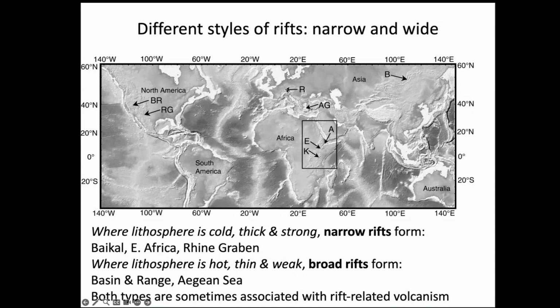The Rhine, we could call it the Central European rift system that goes through here. The Rhine River flows down. Where the lithosphere is hot, weak, and thin, you have broad rifts. And good examples of those are the Basin and Range. That's a very wide rift. And another one is in the Aegean Sea between Greece and Turkey. Both of these types can be associated with rift-related volcanism.